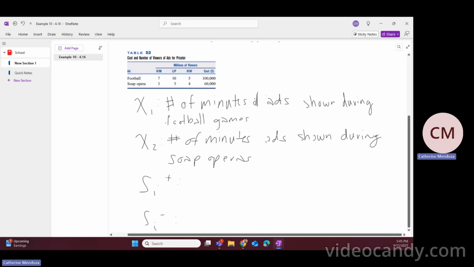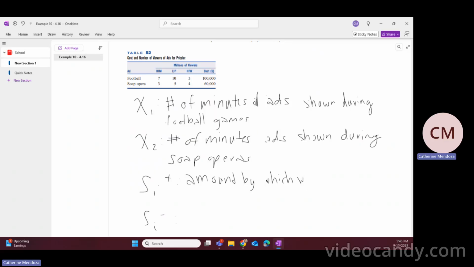So si positive is the amount by which we exceed our goal, and this is either goal 1, 2, 3, or 4.